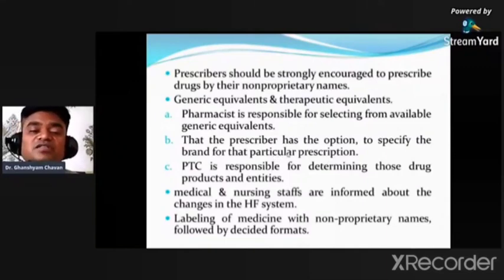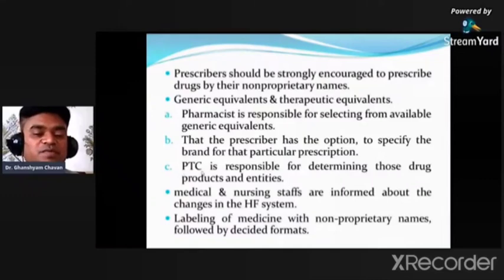Keeping their genes and genetic sequence in mind, we prescribe drugs. In India it is only emerging; after a few years, let's see what developments are going on. But here, the prescriber has a choice from a number of drugs. What drug we should choose for that typical patient, and prescribe to that patient.